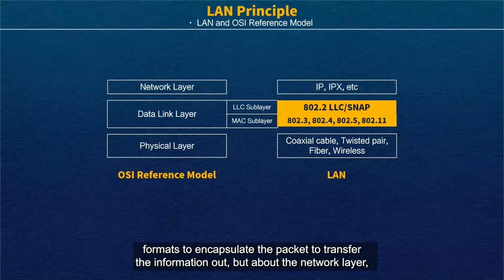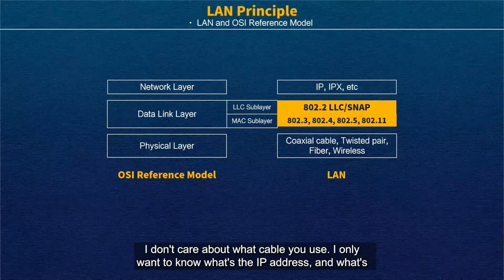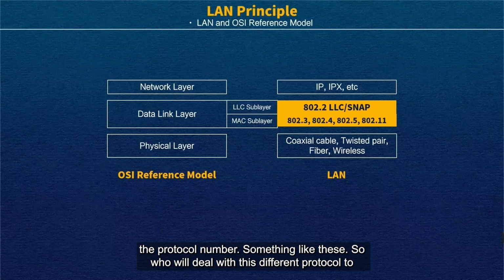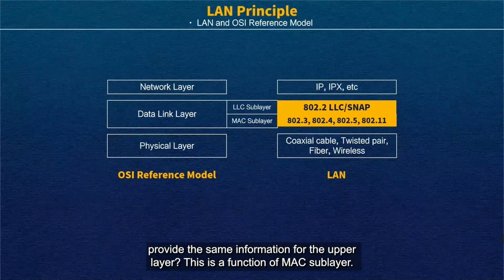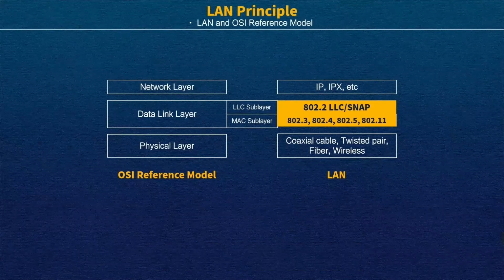But the network layer doesn't care what cable you use. It only wants to know the IP address and the protocol number. So who will deal with these different protocols to provide the same information for the upper layer? This is the function of the MAC sublayer.